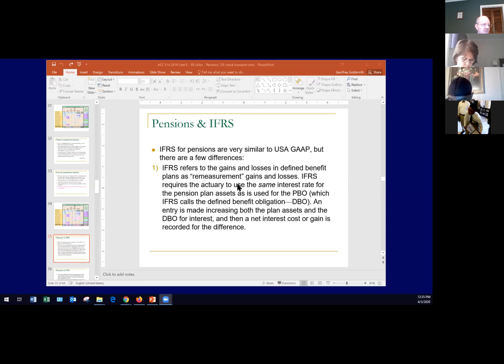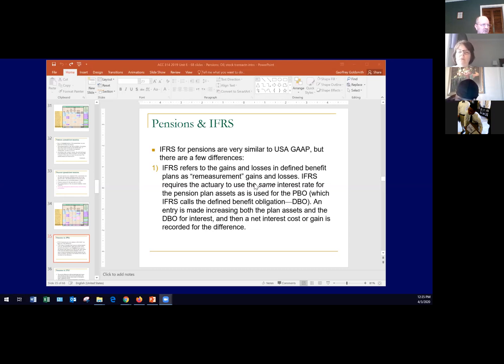IFRS requires the actuary to use the same interest rate for the pension plan assets as is used for the PBO, which IFRS calls the defined benefit obligation, DBO. An entry is made increasing both the plan assets and the DBO for interest, and then a net interest cost or gain is recorded for the difference.